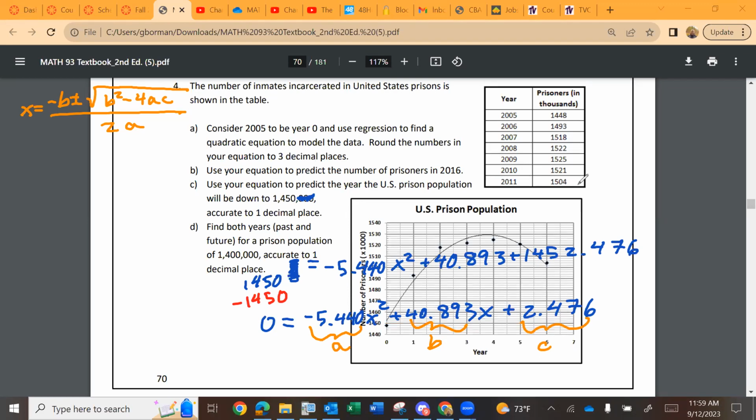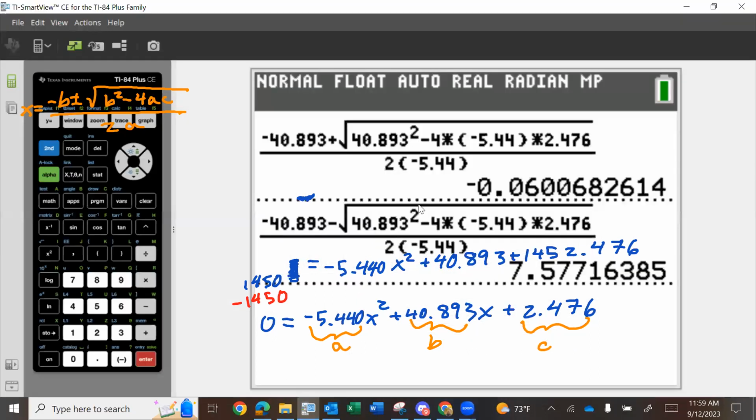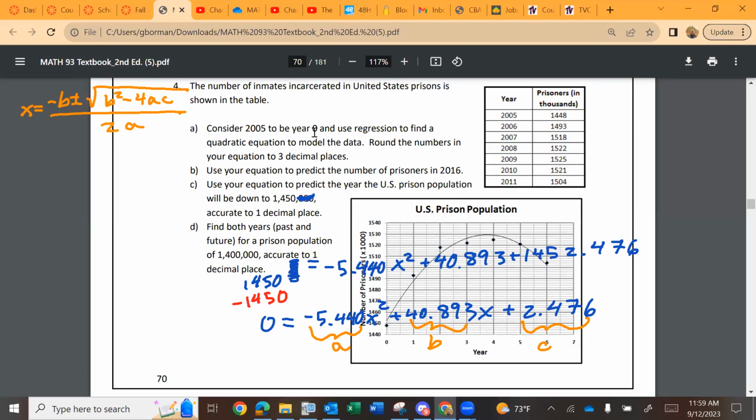The first answer was negative 0.06. So that would be the year negative 0.06, just about year 0. On this problem, year 0 is the year 2005. So this is going to be just before 2005, maybe like December 2004 or something.